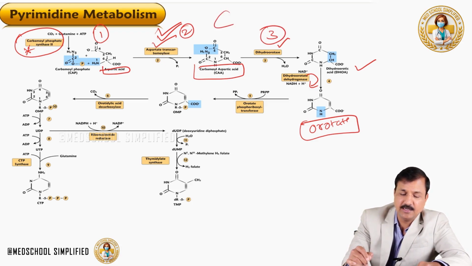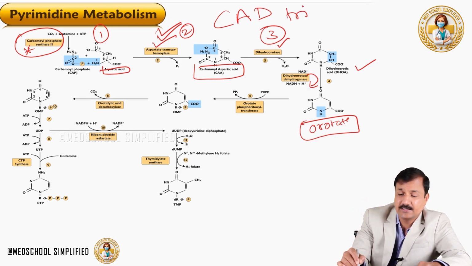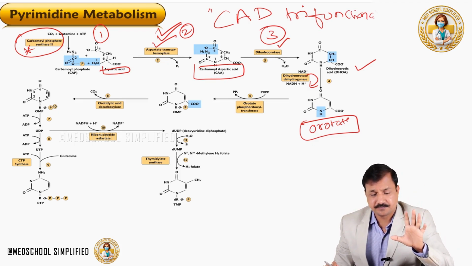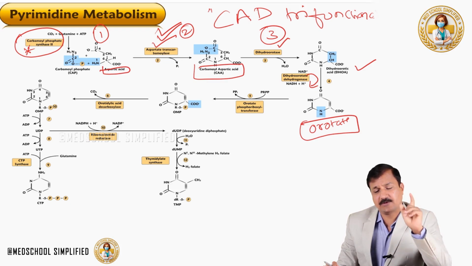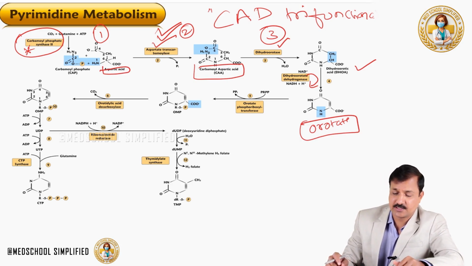Carbamoyl phosphate synthetase 2, aspartate transcarbamylase and dihydroorotase are all present in one big enzyme complex called the CAD trifunctional enzyme. The CAD trifunctional enzyme basically has 3 enzymatic activities: carbamoyl phosphate synthetase 2, aspartate transcarbamylase and dihydroorotase, all in one single functional enzyme complex.